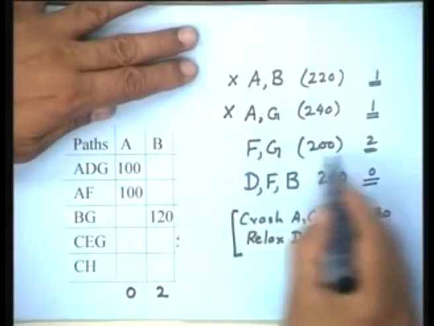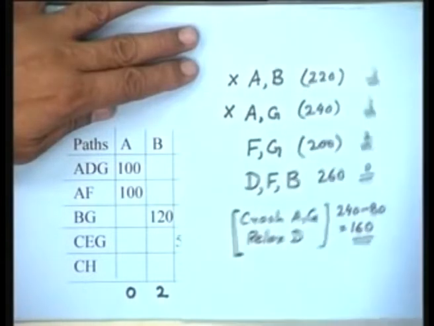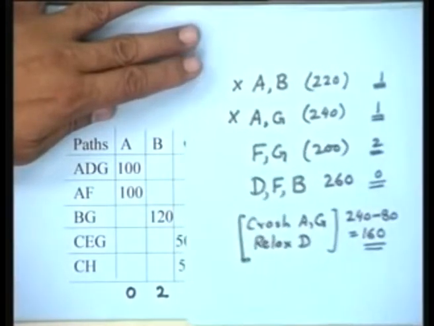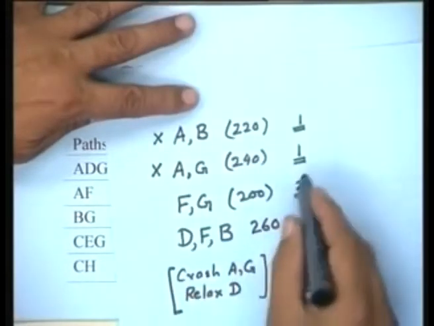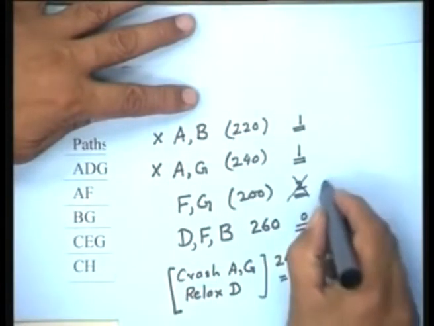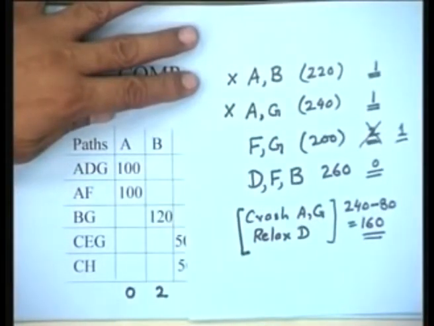Okay. So which options are available to me at the moment? Although earlier FG could have been crashed by 2 days, after the previous crashing of G by 1 day, G can be crashed by 1 day and F can be crashed by 2 days. So this option can be extended at this stage not by 2 days but by just 1 day. And what about this option?